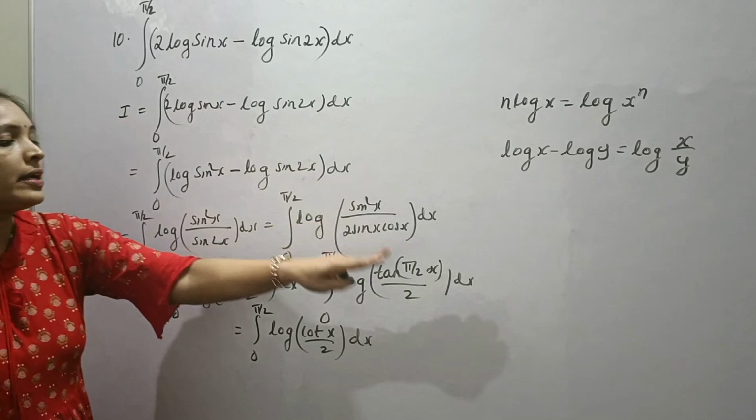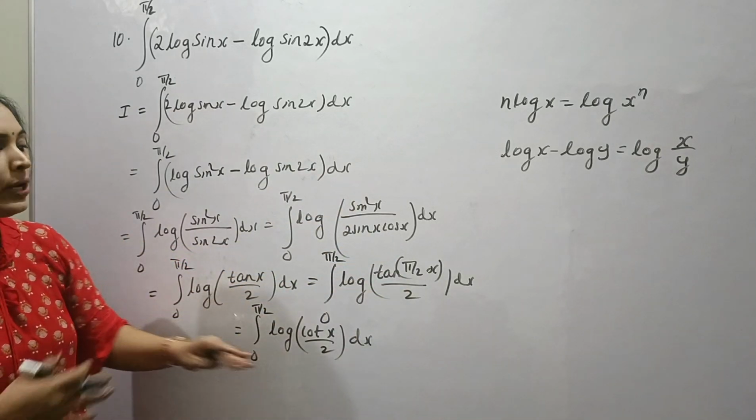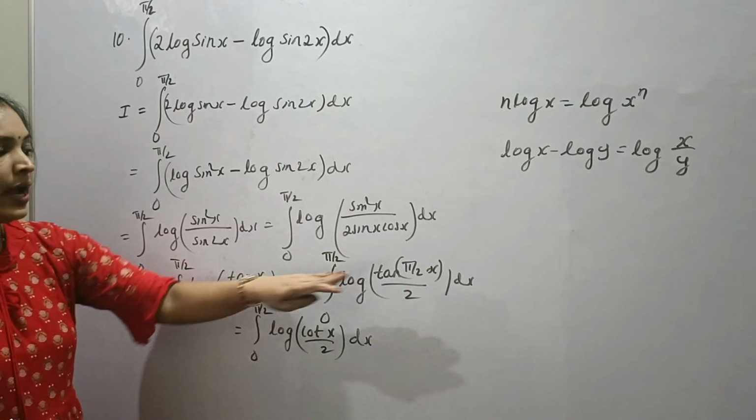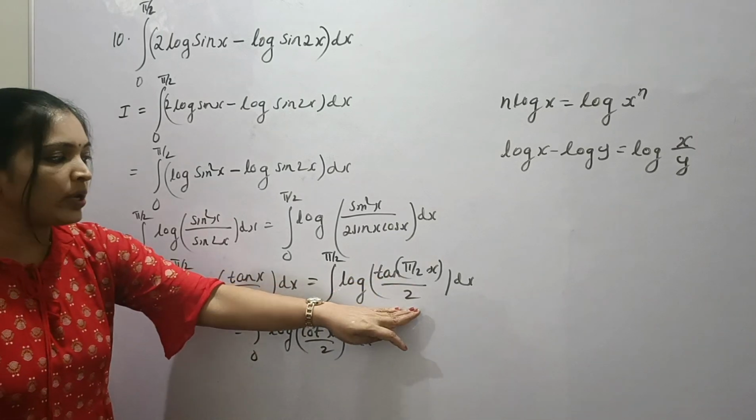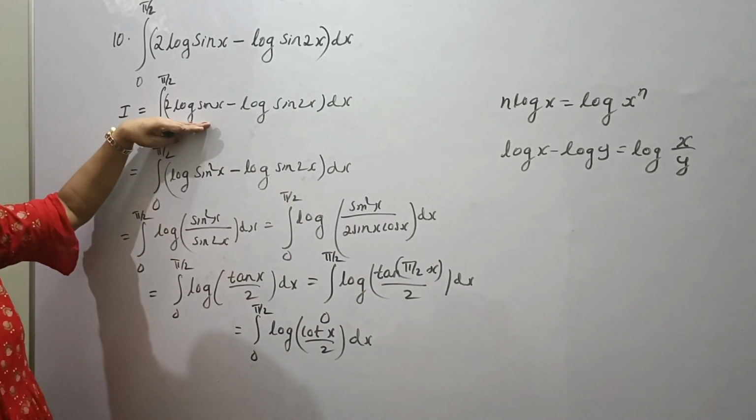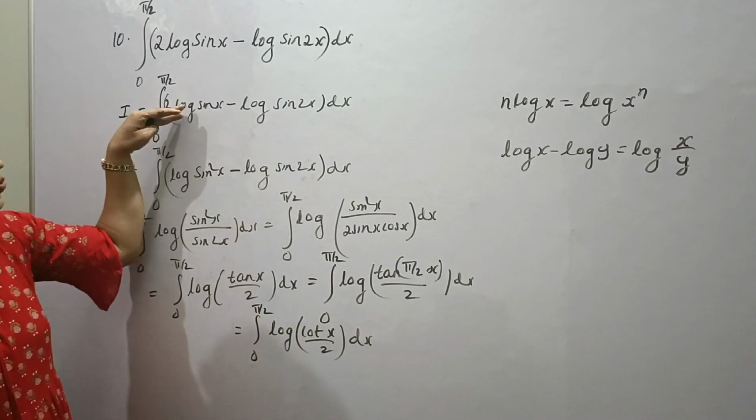See, this one came from this one, that is I, and it's also this one. So let's add these two integrals.